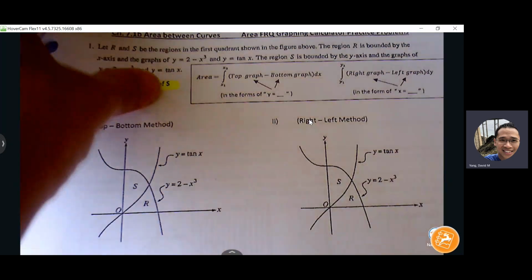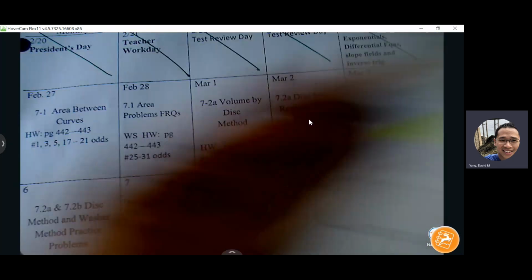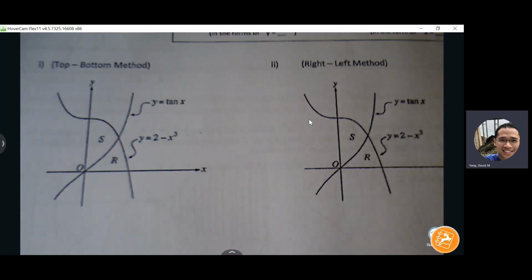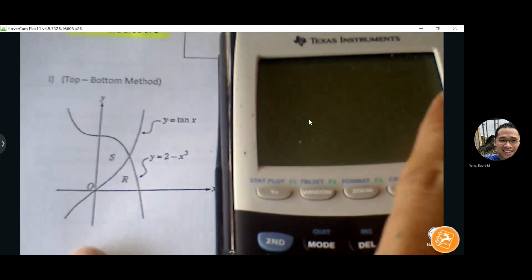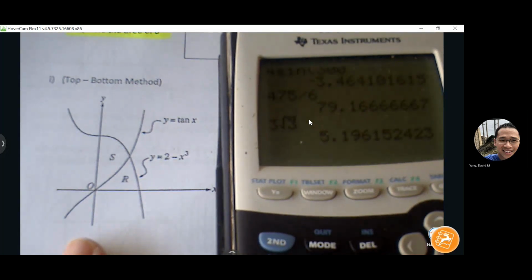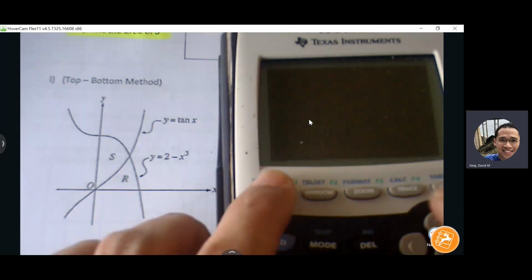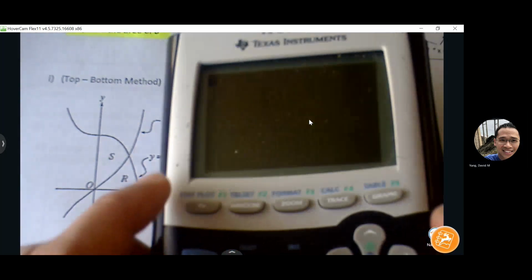Okay, we're gonna put this in our graphing calculator and actually see if we can get this graph to show up. Okay. So on your calculator, you're gonna go to y equals, upper left corner here.